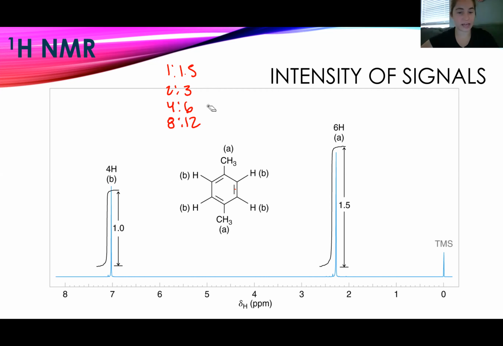Now, the fun part is that in the olden days of NMR spectroscopy, which is really not that long ago, the machine didn't put out numbers at all. It just put out a curve. And so they would use rulers and actually measure it out and then say, okay, well, this one is about 6 centimeters. This one's about 9 centimeters.